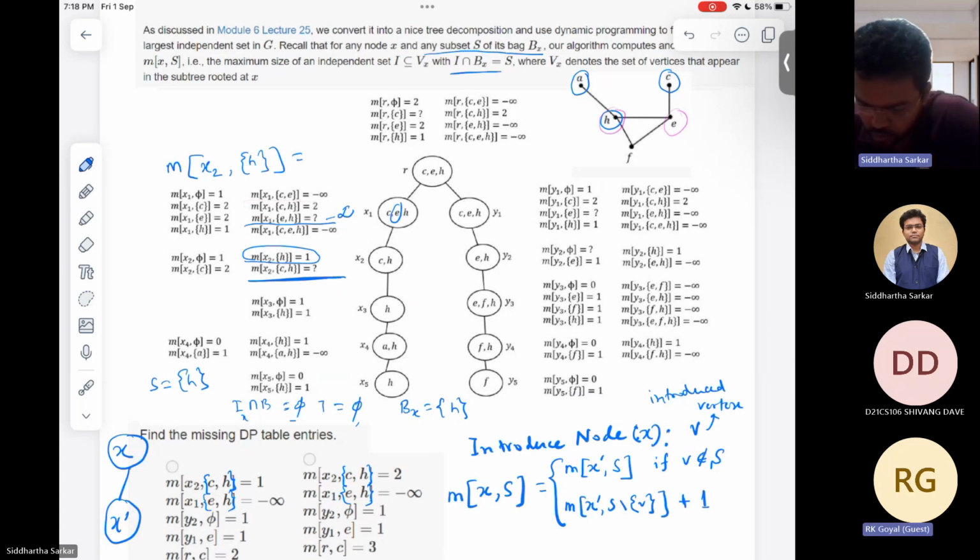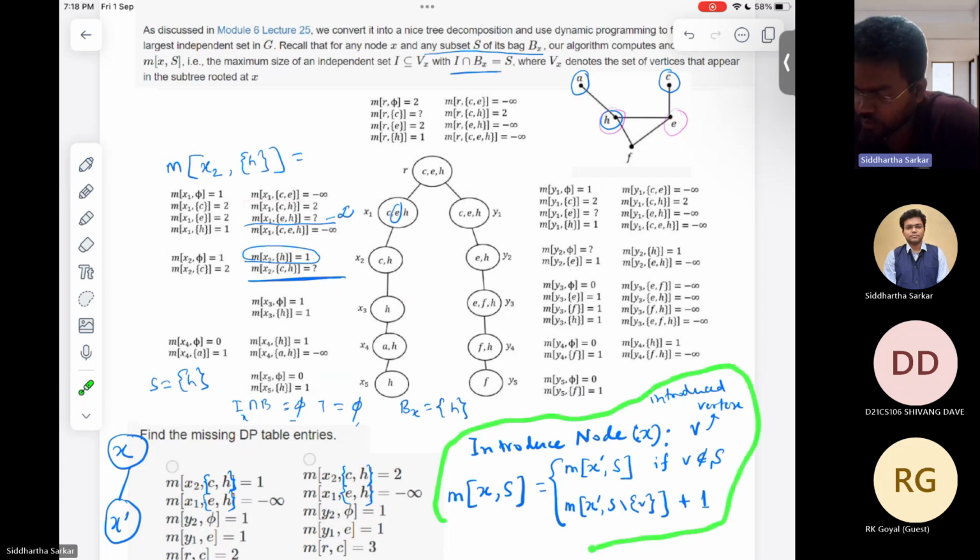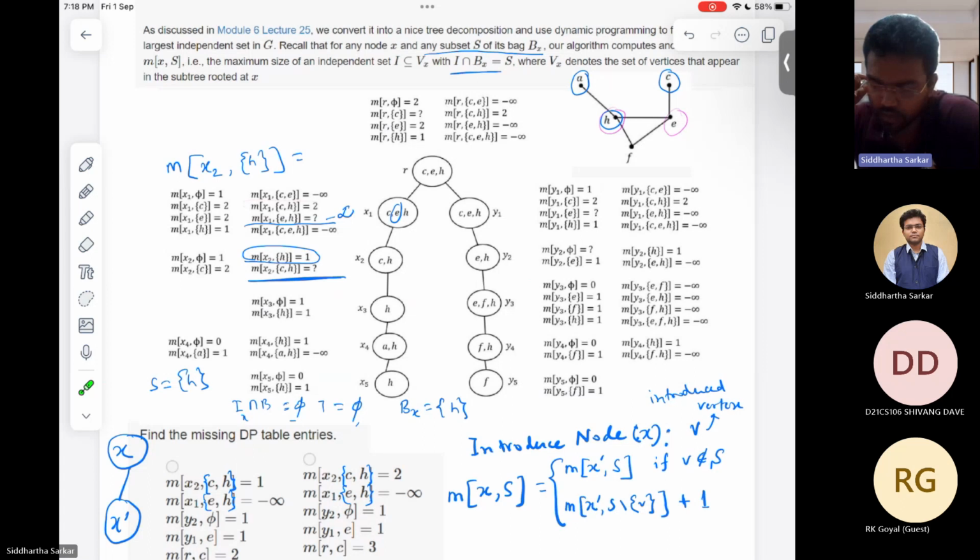I just reproduced this rule. So maybe it is not as formal as it should be. But the formal rule is in the book as well as in the video. So what you said is correct. So whenever we have a situation, first thing we check is whether there is a feasible solution or not, which respects the definition. And if the definition is respected, then only we apply the rule corresponding to the child node.